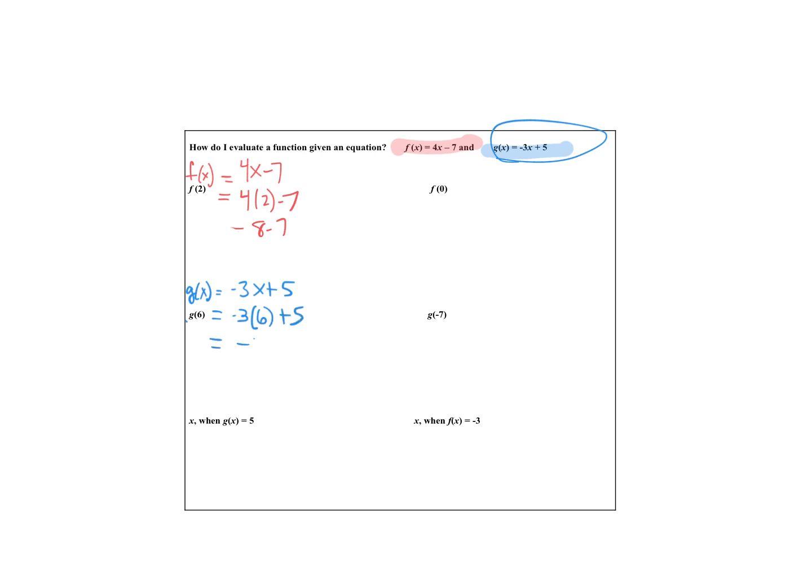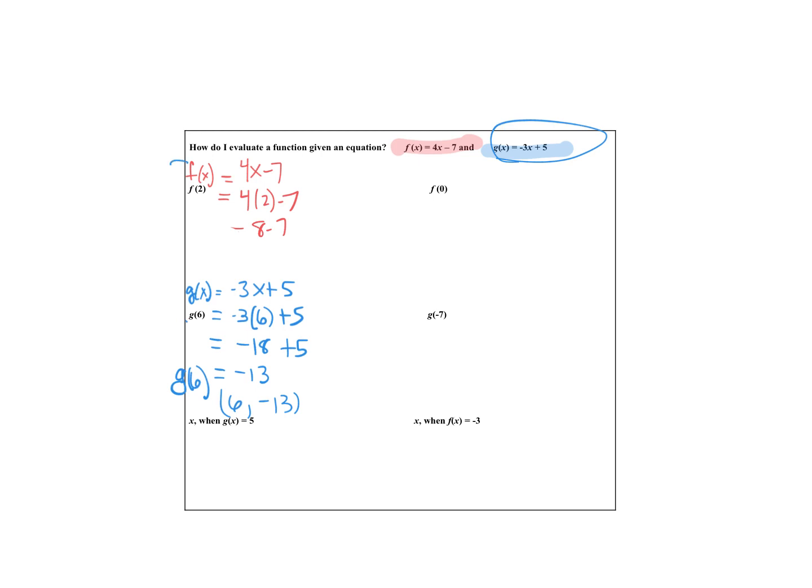And then I'm just going to do order of operations, multiply, and then add. And that's going to give me that the value of the function g when x is 6 is equal to negative 13. Or in other words, that's the ordered pair (6, -13).